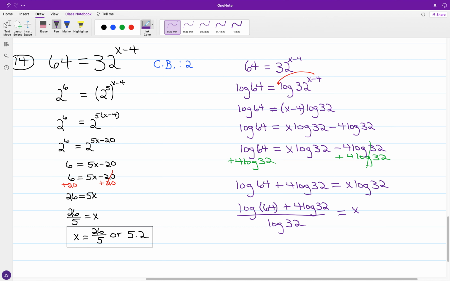So we have with division by x, I have x equal to this ratio, and so we got here, again, the base 10 logarithm of 64 plus 4 times the base 10 logarithm of 32 over the base 10 logarithm of 32.